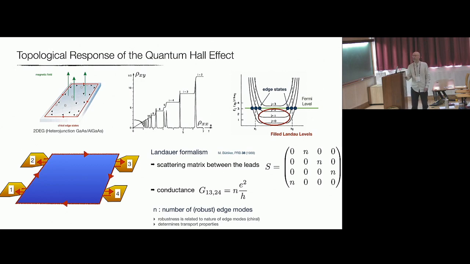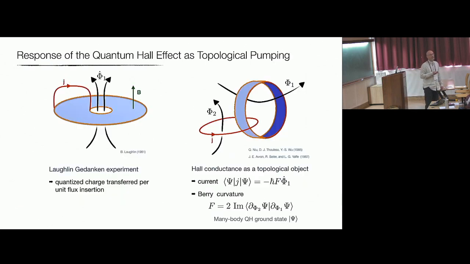From this scattering matrix, using the Landauer formula, you get the conductance. All these transverse conductances corresponding to the Hall conductivity are quantized, and the coefficient of quantization is the number of chiral edge states, so the number of Landau levels, the Chern number of your phase. That's the standard way, using edge states, to characterize the transport of this phase.